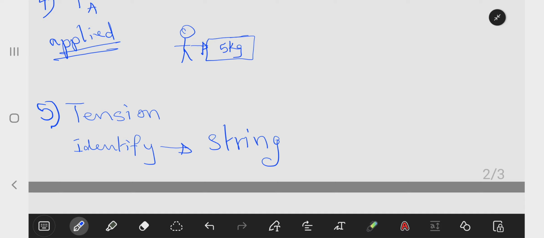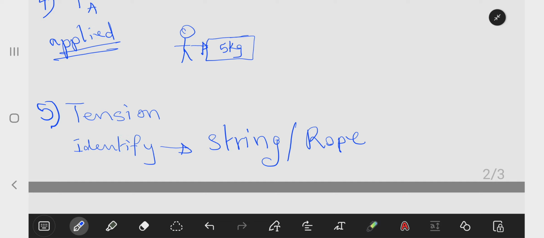As long as you have a string, there is tension acting on that string. Another alternative is that they might use a rope. If you have a rope, it means you have tension acting on that rope. So that is how you identify your tension. Tension is actually very similar to your applied force.